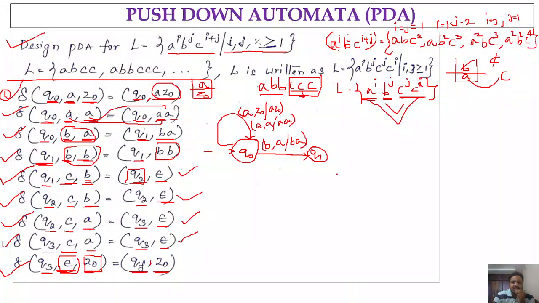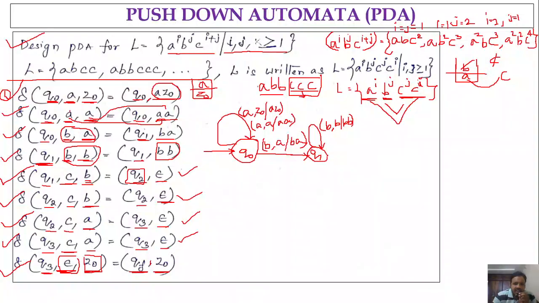Done. Next. So in this state, we will check for the input b and we are going to push that b onto the stack, right? So in q1, if the input is b and top of the stack is also b, then we are going to push bb and we will be in the same state, right?